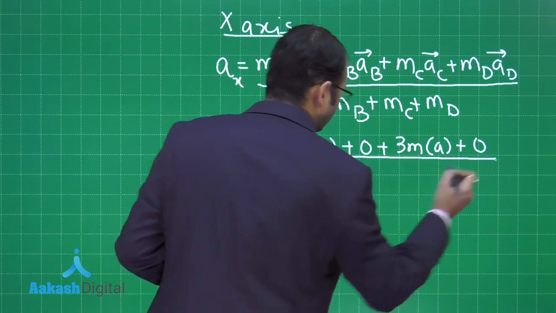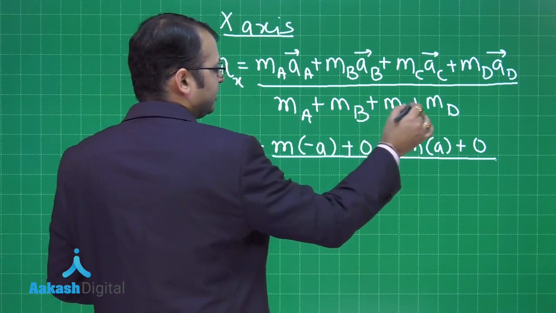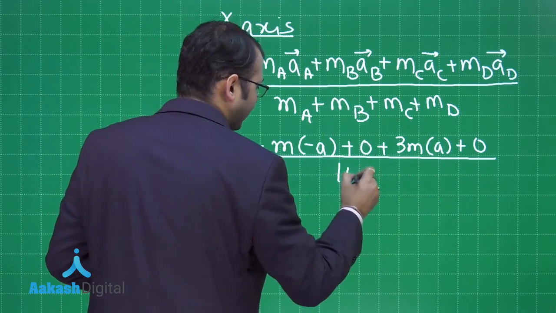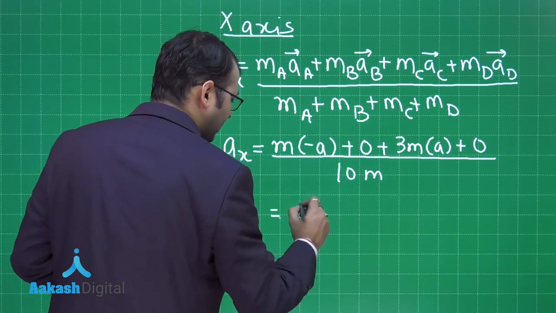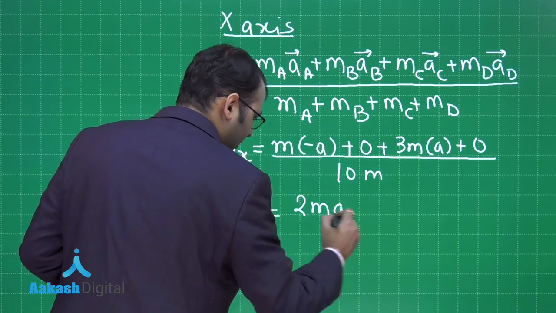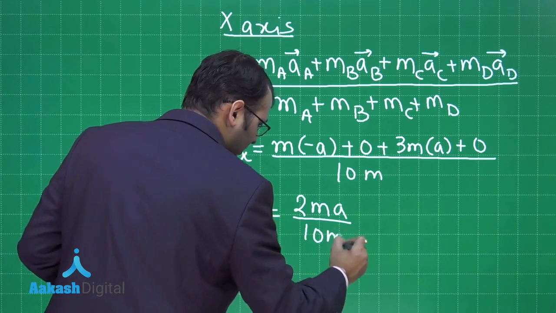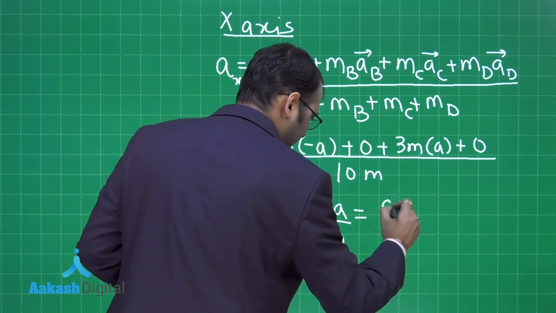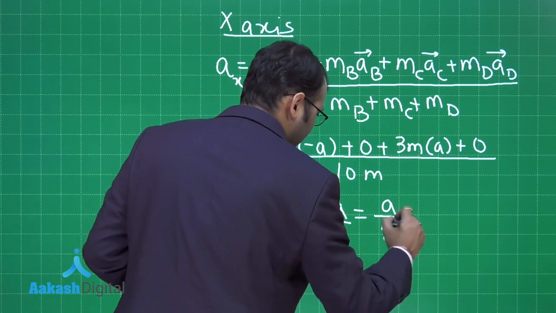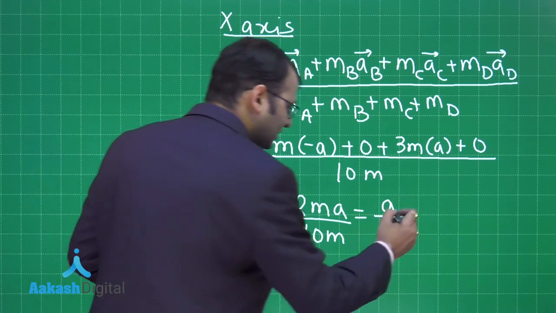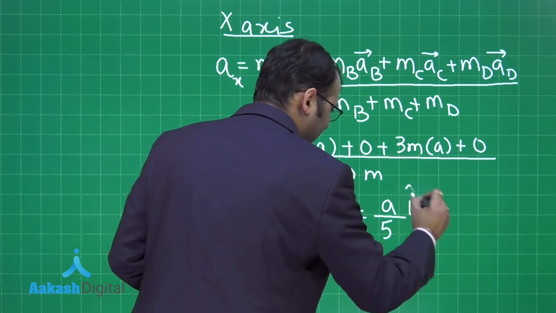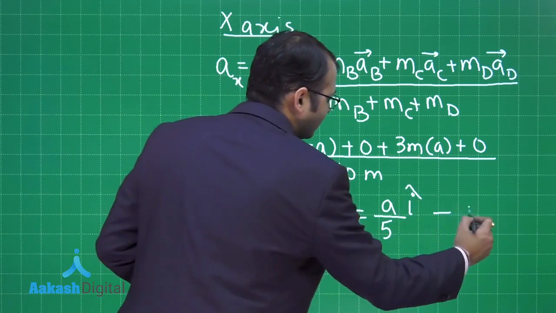The whole portion should be divided by M plus 2M plus 3M plus 4M, that would be 10M. On solving, this is minus MA, this is 3MA, that would be 2MA divided by 10M. Solving this, you will get simply A by 5. That is the acceleration of center of mass along the x-axis. Since it is along the x-axis and positive, this would be our first equation.